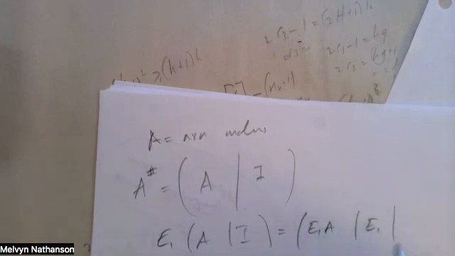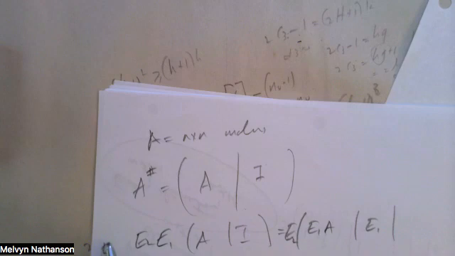So if I take, for example, E1 times A, what that's going to give me is E1A, E1 times the identity. If I multiply that by an elementary matrix E2, this is going to give me E2E1A, E2E1. And I keep on going. I do this K times.